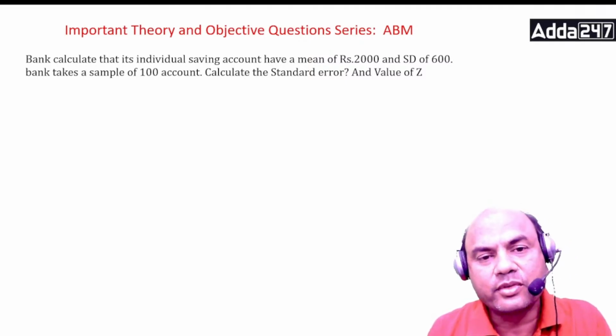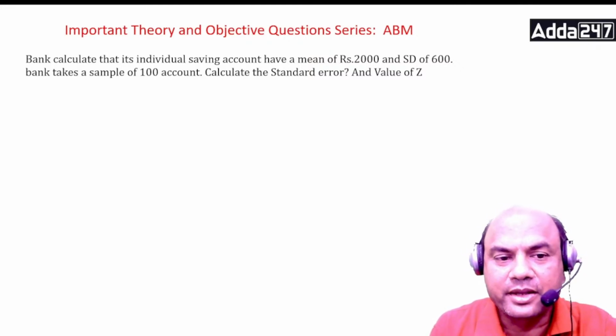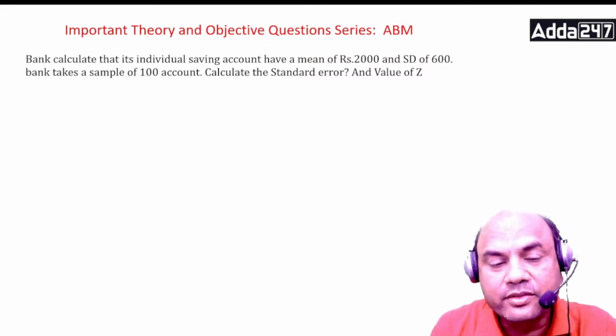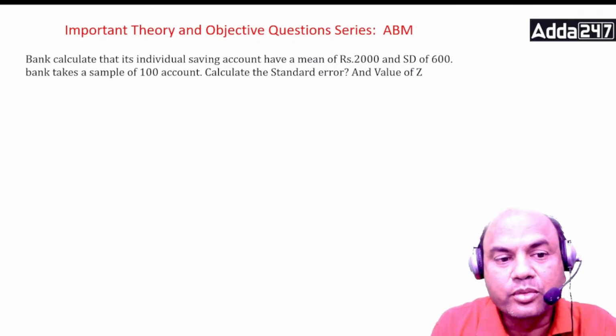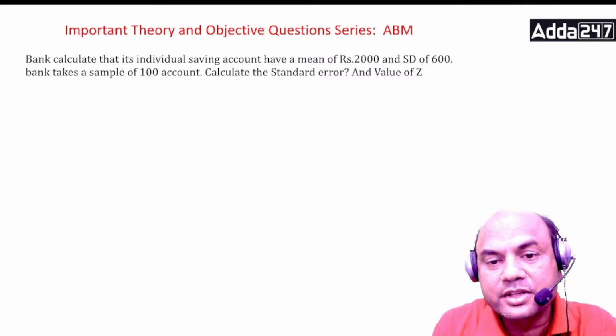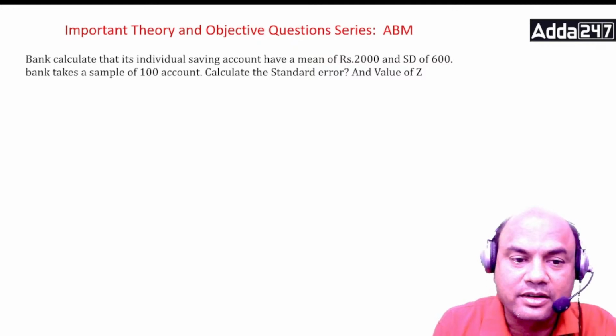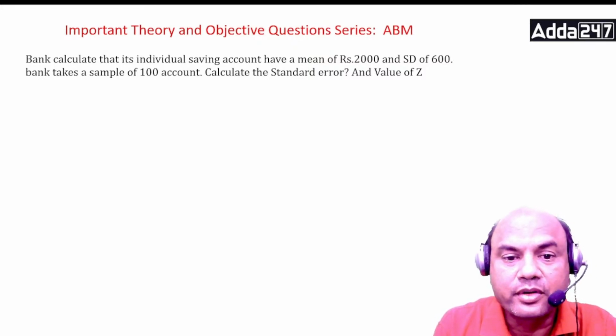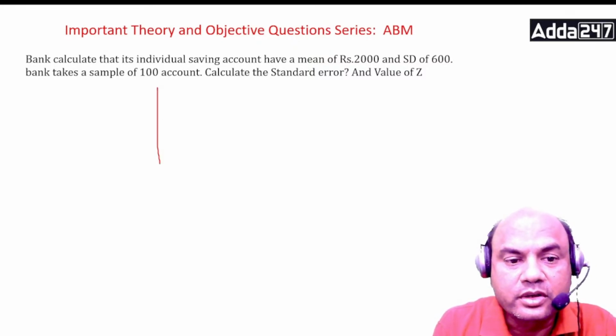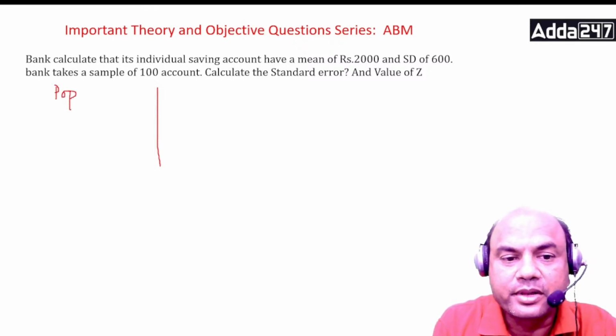Now one point you always remember in sampling: what is given is very important. So the mean is given. Now, this mean is of the population. So two things are there, one is population and the second is sample.